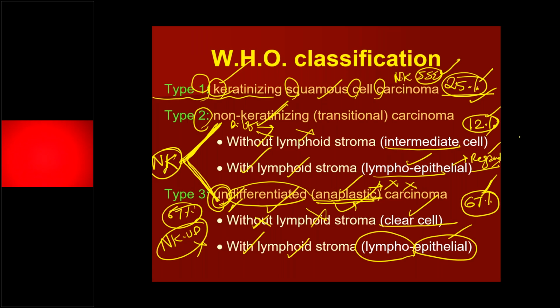And lymphoepithelial of non-keratinizing can be called Schminke type, SCHMINKE. These are the names given in the textbook. Of course, don't worry much about these things. This is a pathologist's job. You have to understand and keep in mind. If you are able to remember, it's okay. If not, it's not an issue. This is Regaud type and this is Schminke's type.